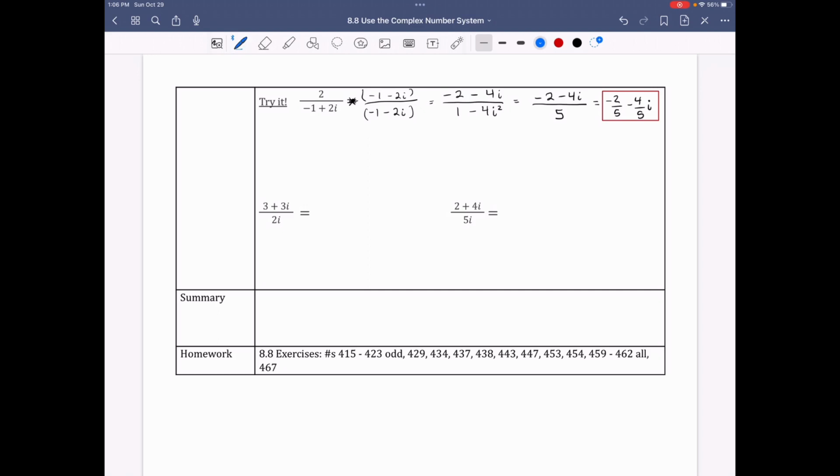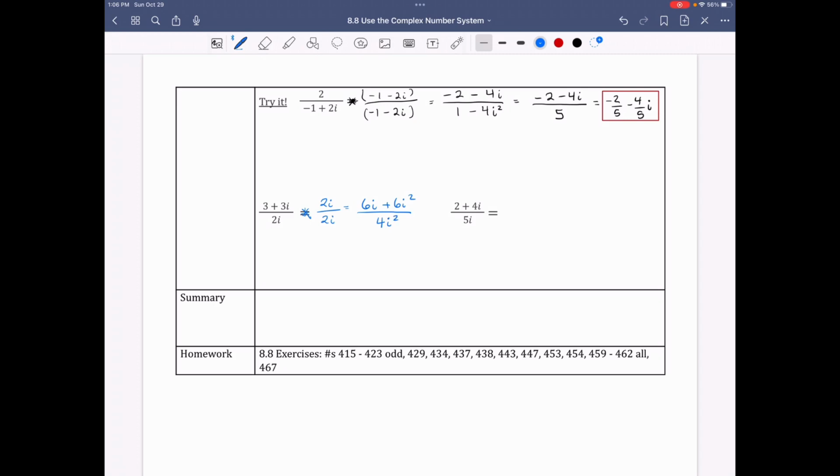In this case, we have a complex number in the denominator again, but there's nothing to do the conjugate with, so I'm just going to multiply by itself, 2i, and see what happens. Okay, so we'll distribute, and we get 6i plus 6i squared over 4i squared.